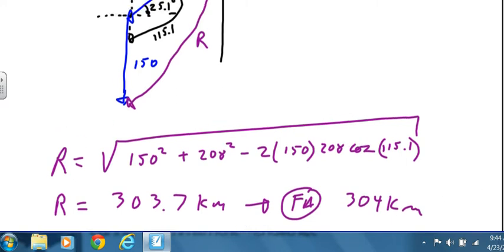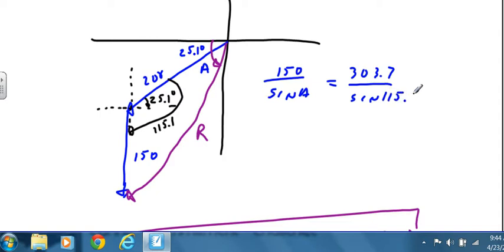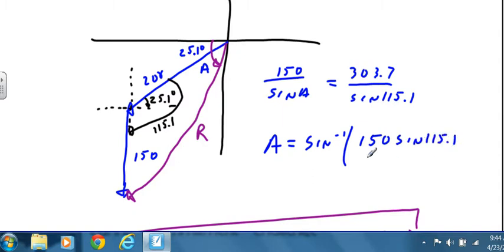Okay, now we're going to come back and find my angle. So we'll call this A again. 150 divided by sine A is equal to 303.7 divided by sine 115.1. A is equal to the arc sine of 150 sine 115.1 divided by 303.7.